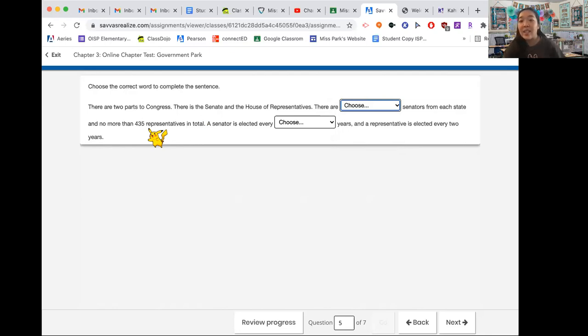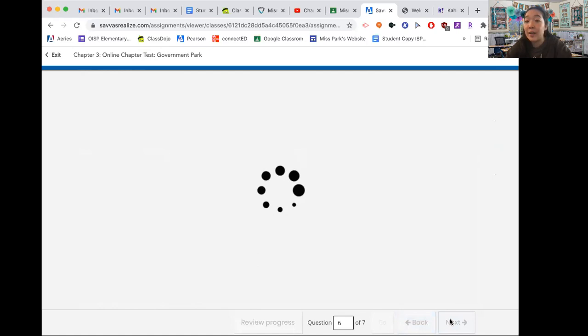There are 2 senators from every state, and a senator is elected every blank years, and a representative is elected every 2 years. A senator is elected every 4 years. Oops. Or is it 6? I don't remember. Let's find out.